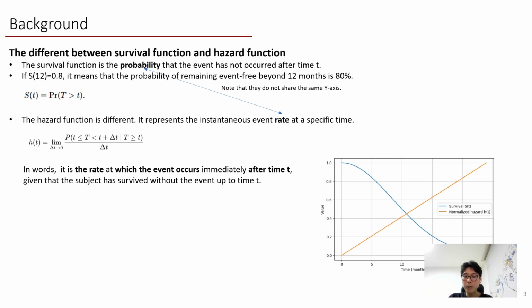The hazard function is different. It represents the instantaneous event rate at a specific time. In words, it is the rate at which the event occurs immediately after time t, given that the subject has survived without the event up to time t.